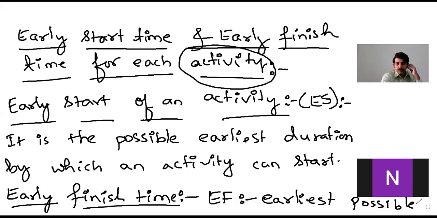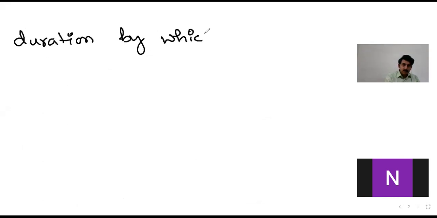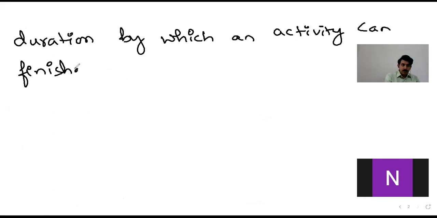So just make note of all these things as I'm writing it on the whiteboard. Earliest possible duration by which an activity can finish. Okay, this is the earliest possible duration by which an activity can finish.